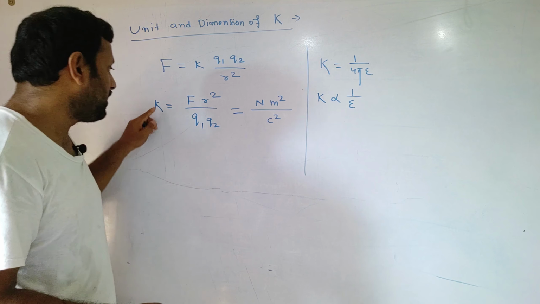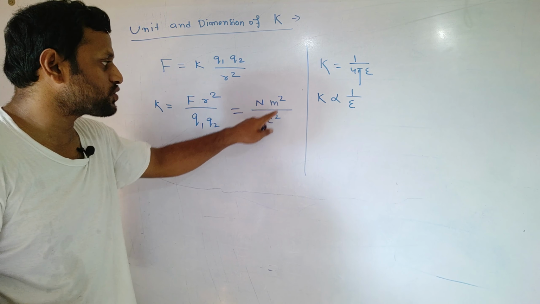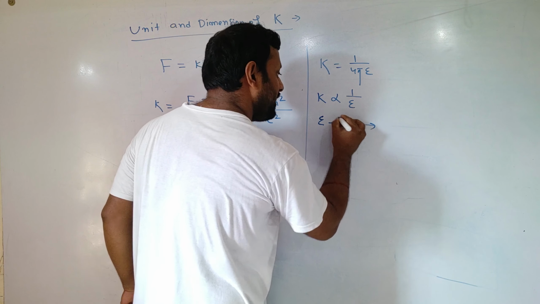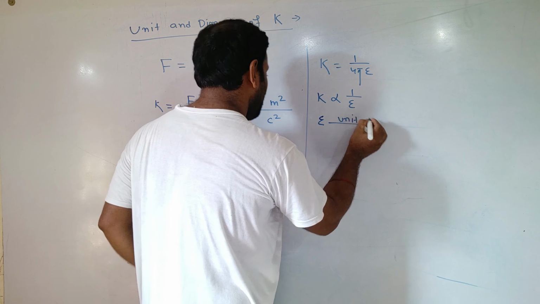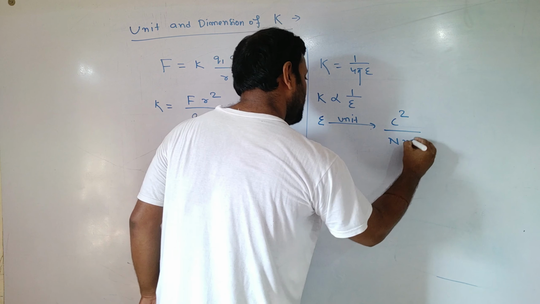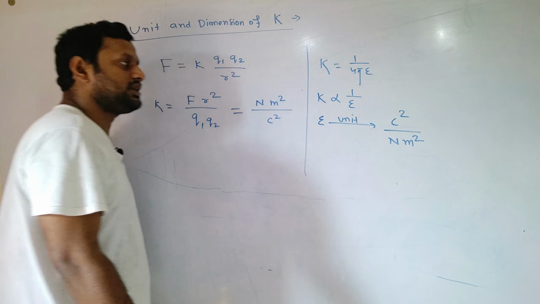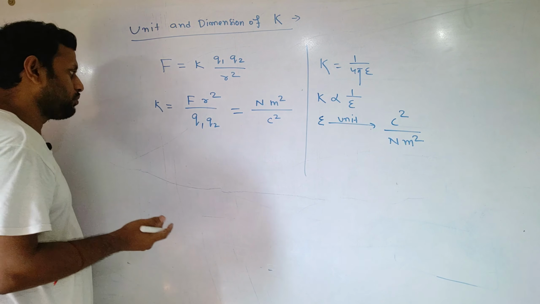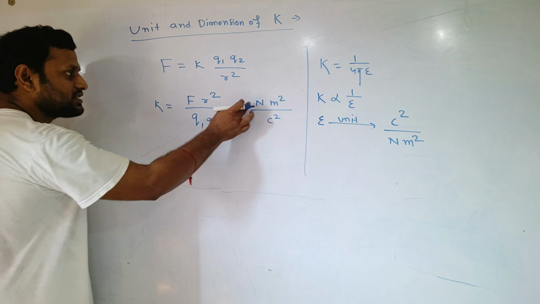If they are reciprocal, if the unit of K is Newton meter square by Coulomb square, then the unit of epsilon will be Coulomb square divided by Newton meter square, simply 1 by epsilon. Next is dimension. In order to do the dimension, there is force.